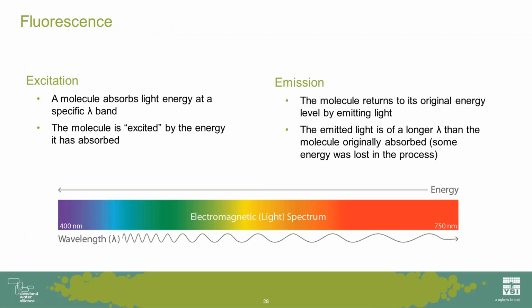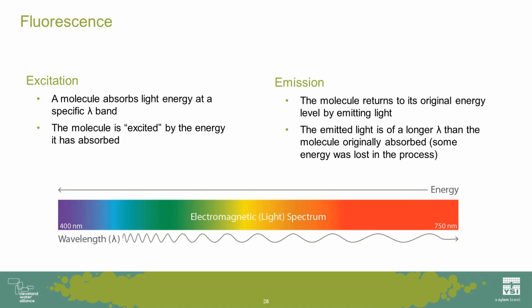So in case you don't remember this from school, I didn't until a few years ago when I started relearning it, a fluorescent molecule is one that can absorb light, termed excitation, and which also emits light, termed emission. The electromagnetic spectrum is shown here to remind you that the shorter wavelengths of light on the blue end of the visible spectrum have more energy than longer wavelengths of light as you move towards the red end of the spectrum.